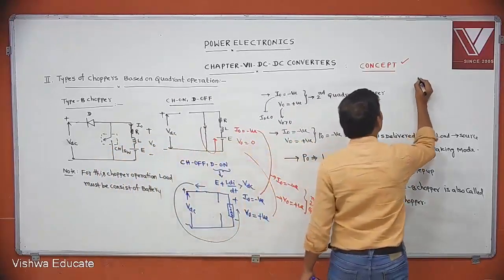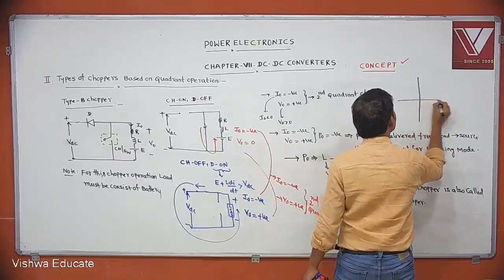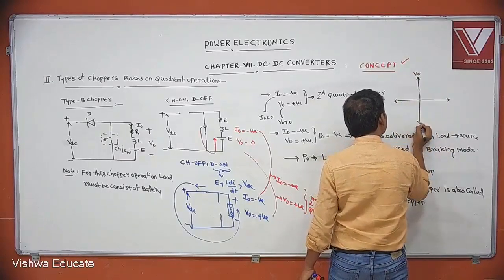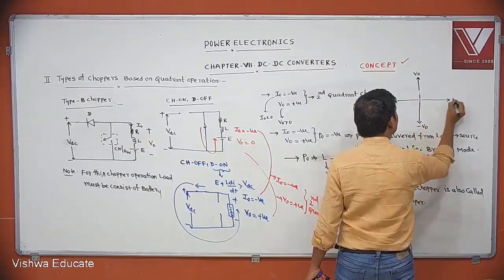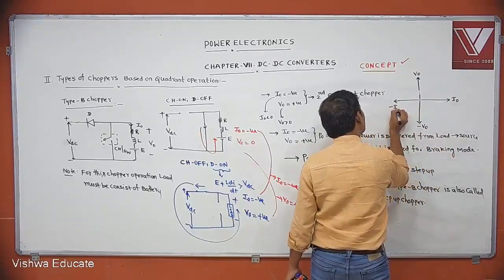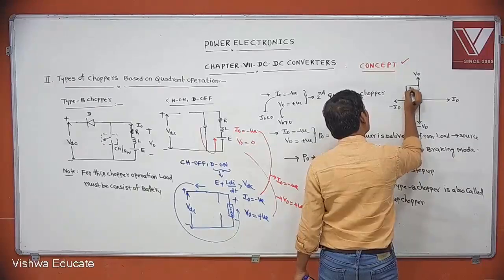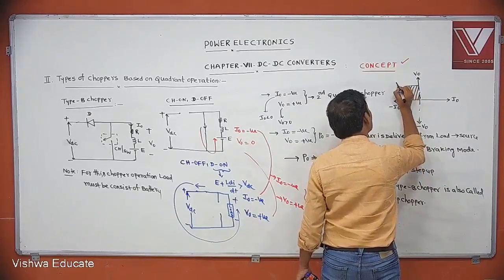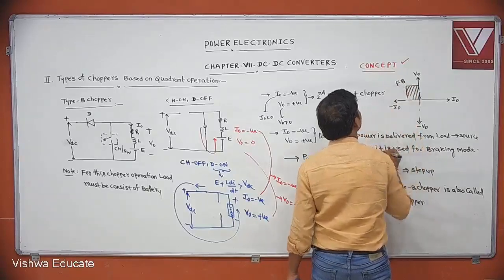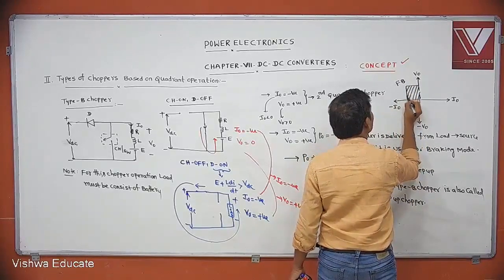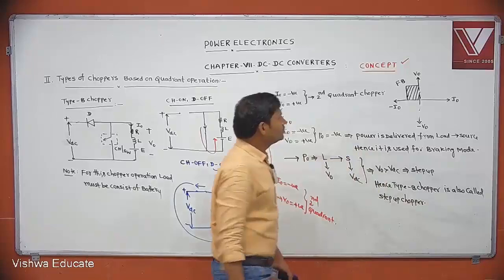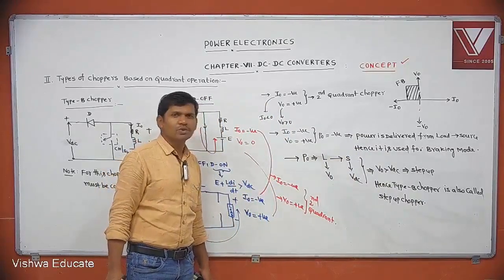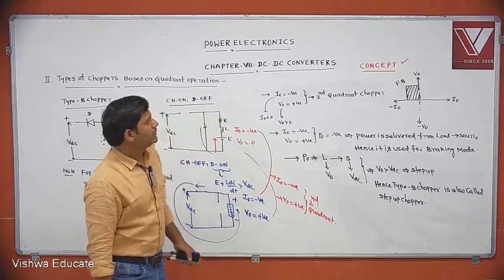If you represent the quadrant operation of type B chopper, this is V naught, this is minus V naught, this is I naught, this is minus I naught. V naught positive, I naught negative. This is the second quadrant, used for forward braking control. V naught greater than 0, I naught less than 0, then it is type B chopper.